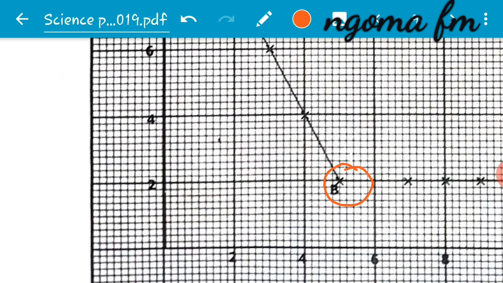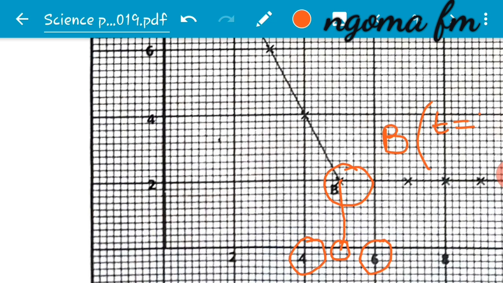At point B, we need to take the time t. You can see there is a 4 there, and a 6 there, and the point lies directly here, halfway. So this point represents 5.